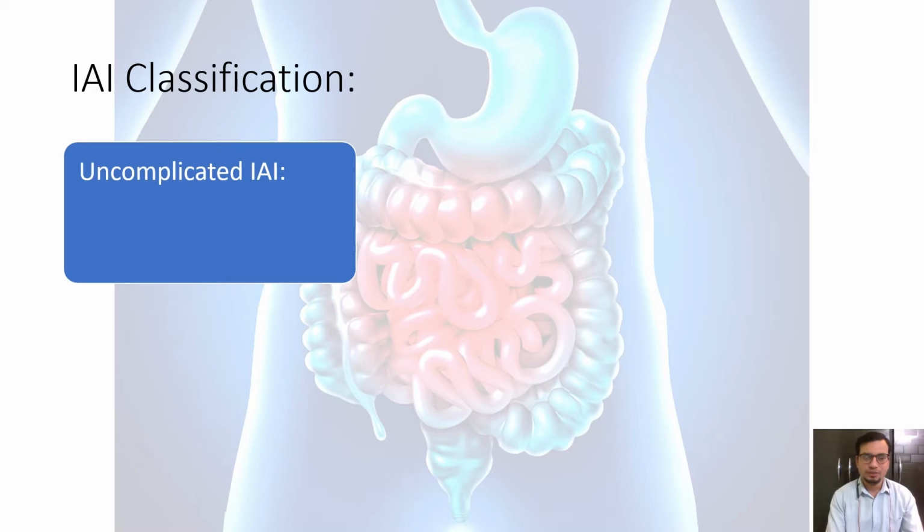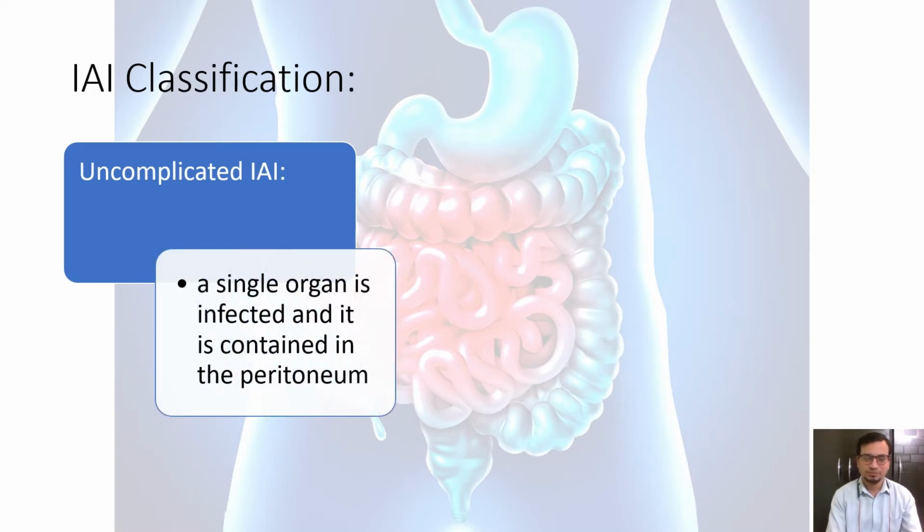In uncomplicated intra-abdominal infection, only a single organ is infected and the infection is contained inside the peritoneum. That's a very important definition of uncomplicated IAI. They usually have a good prognosis and require clean surgery along with antibiotics. That's all they require.